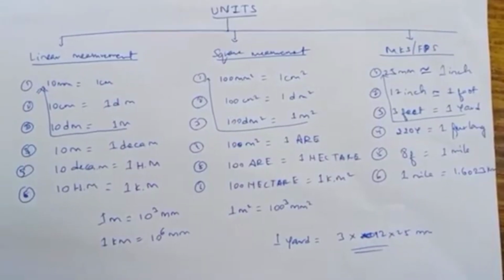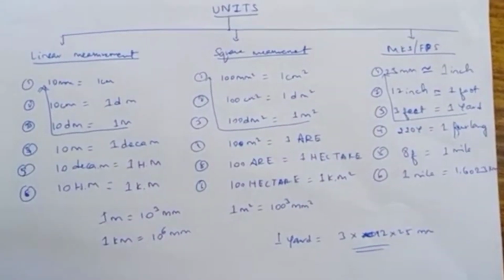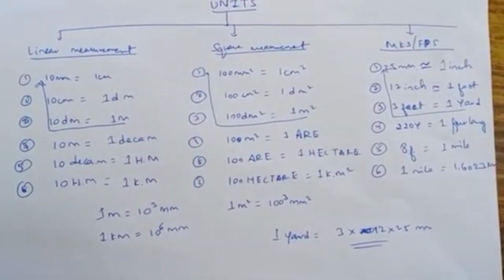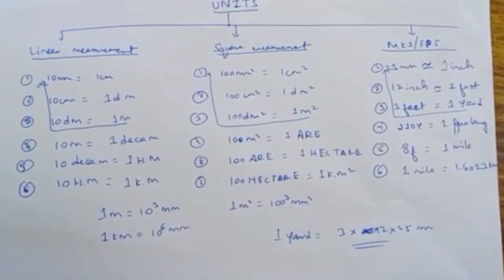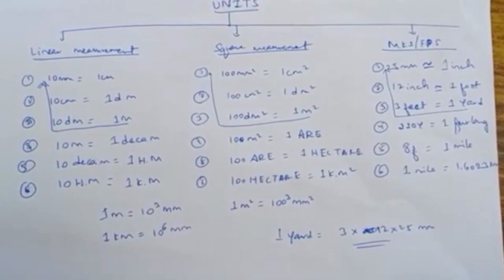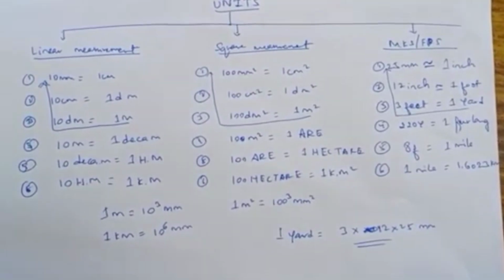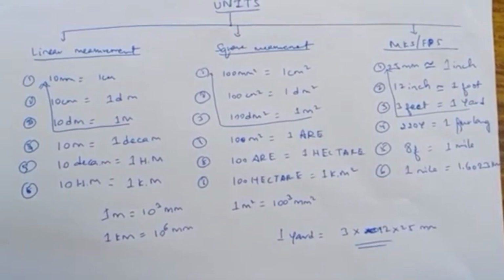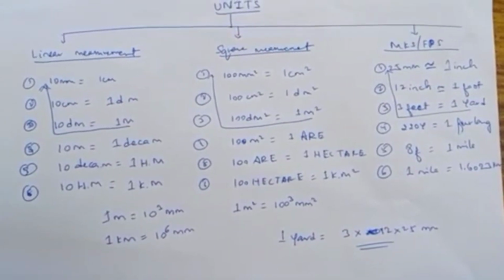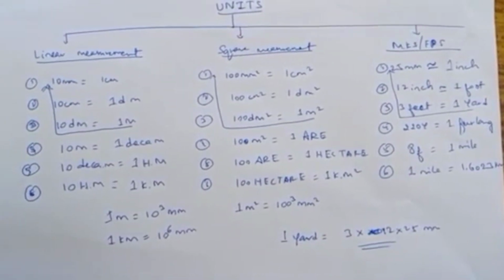Units. Here we have 3 types of measurements: linear measurement, square measurement, and MKS or FPS system. In linear measurement we have 10 millimeter is equal to 1 centimeter, 10 centimeter is equal to 1 decimeter, 10 decimeter is equal to 1 meter, like that.